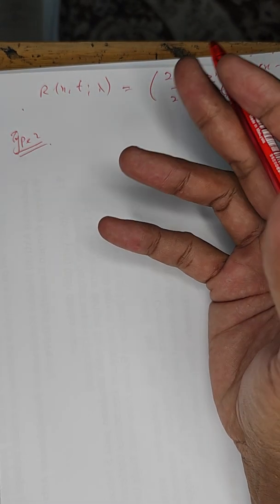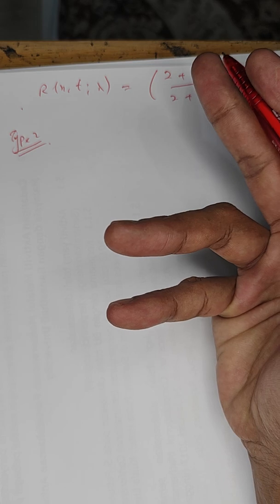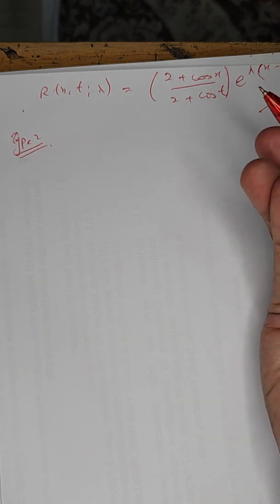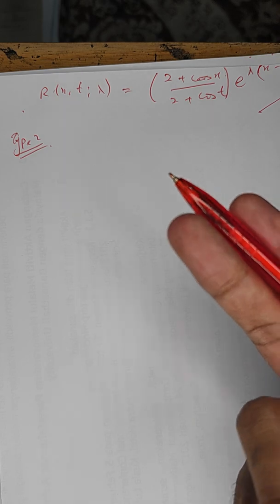I'm going to solve the Volterra integral equation using the resolvent kernel. Okay, so basically we have the Volterra integral equation, we have the form of the resolvent kernel, and we can write the solution in terms of the resolvent kernel.